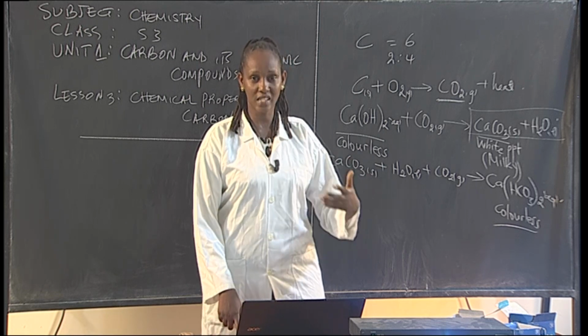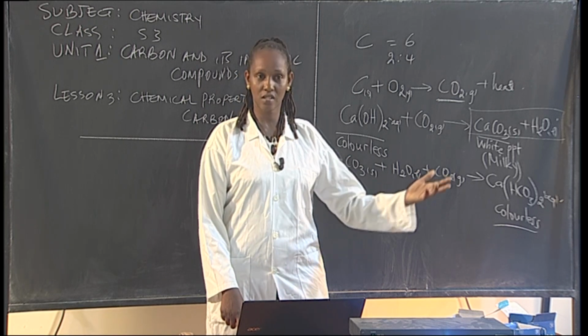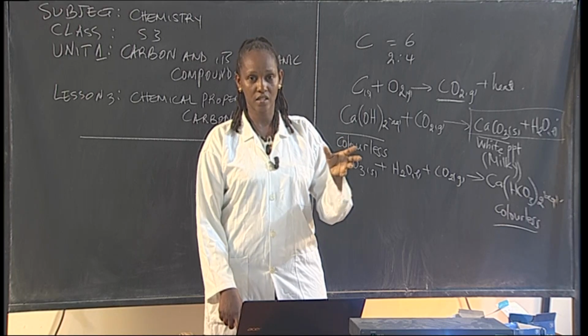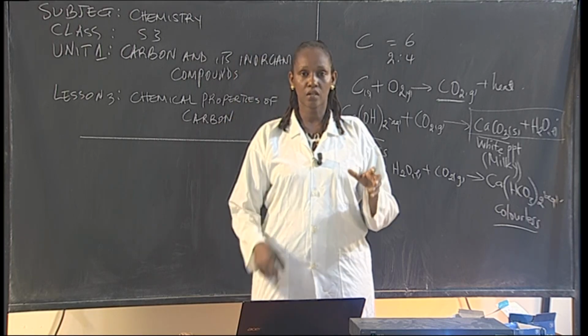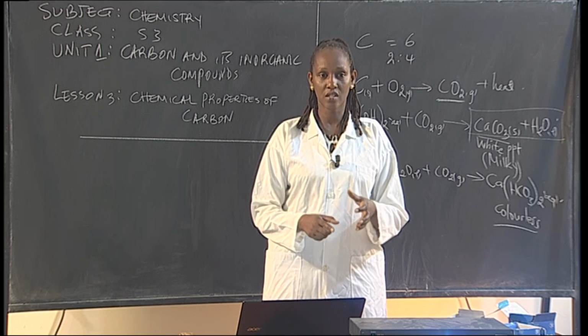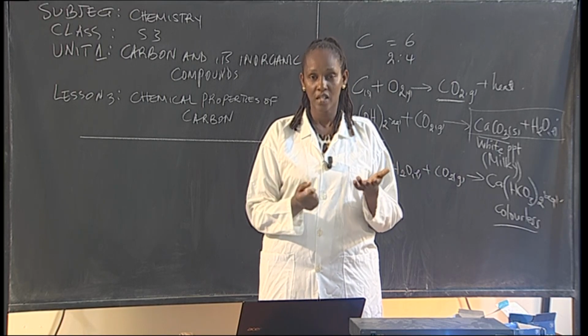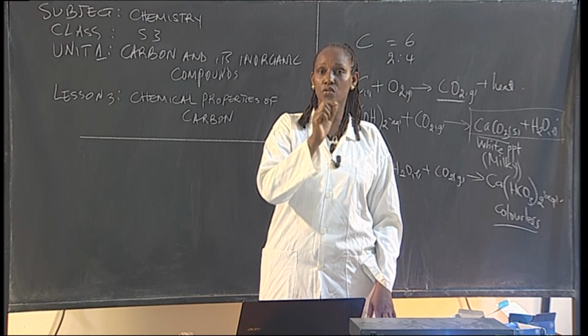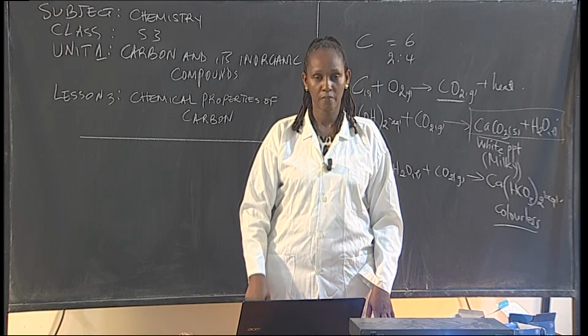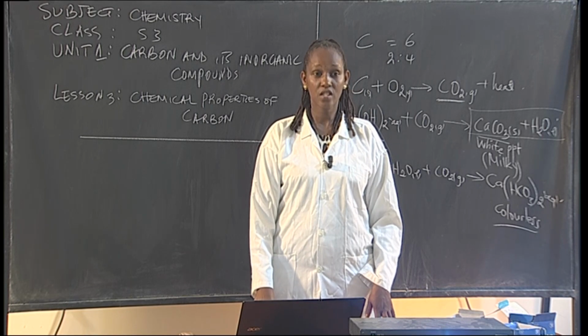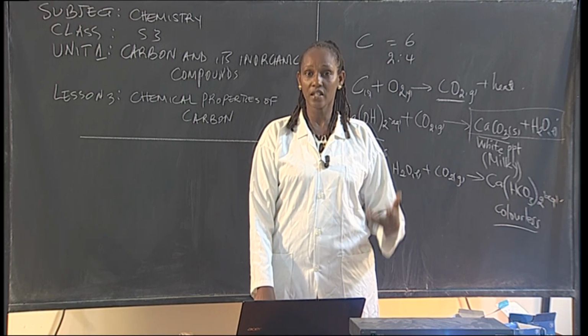So you see in fire extinguishers, they use this. If you look at those containers, you will see carbon dioxide written on top. What does it mean? It means that carbon dioxide is used to put down fire. Right? It is used in fire extinguishing.